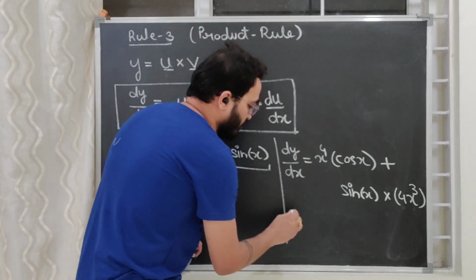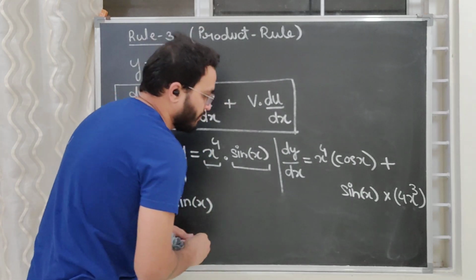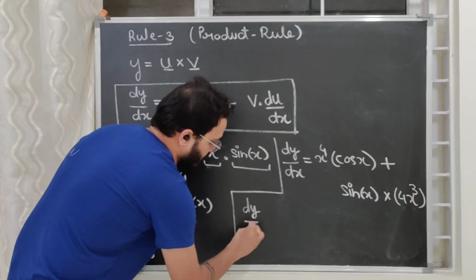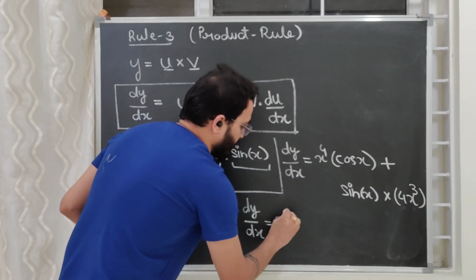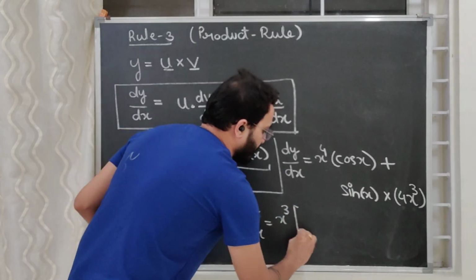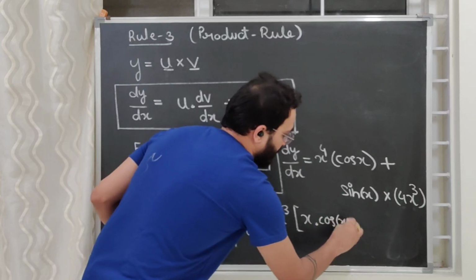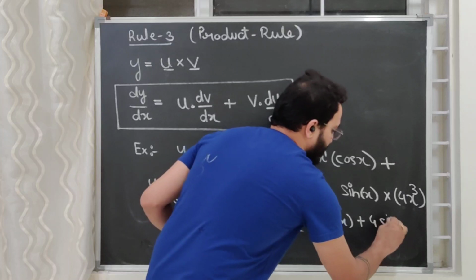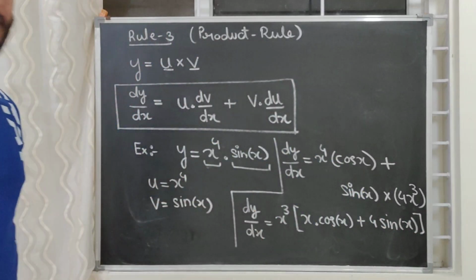So from this you will say finally, sir, dy by dx will become x to the power 3, you can take out common, and you will say x times cos x plus 4 times sin x. This will be your answer.